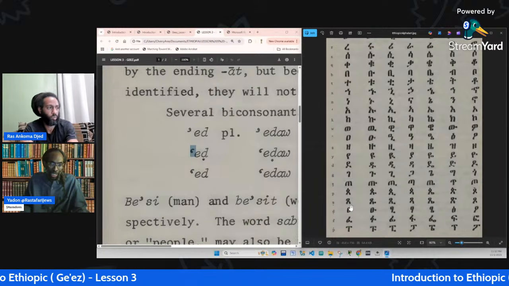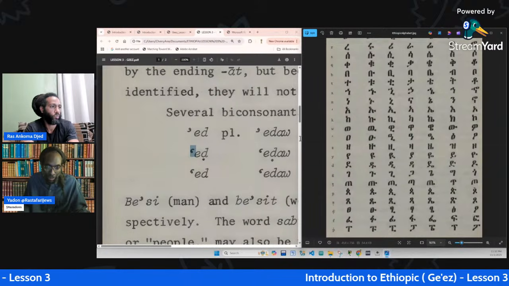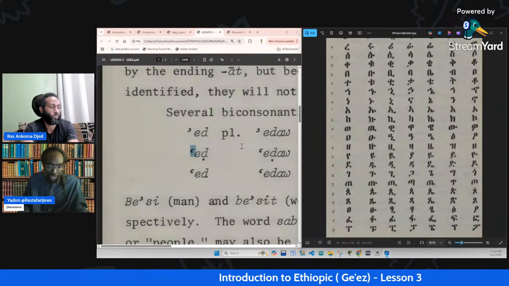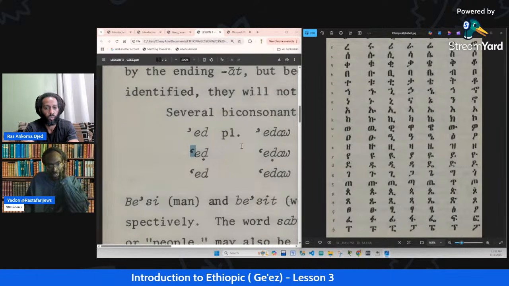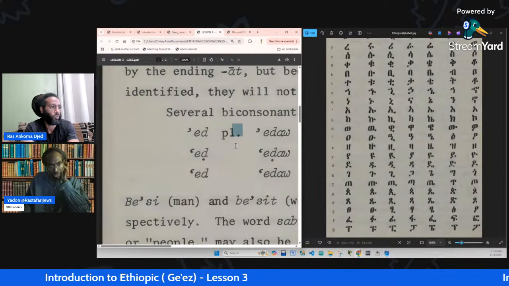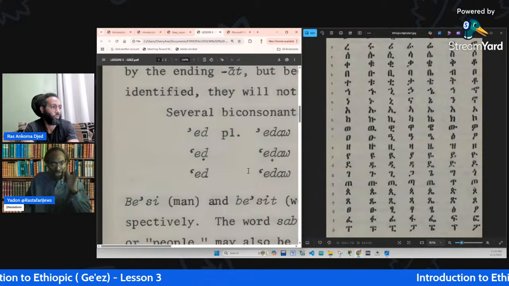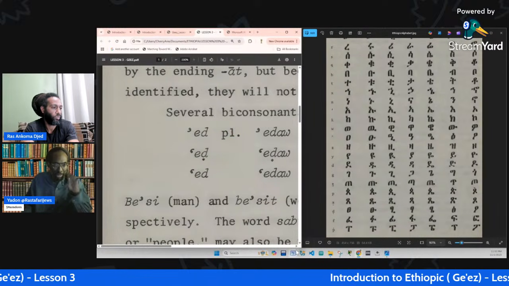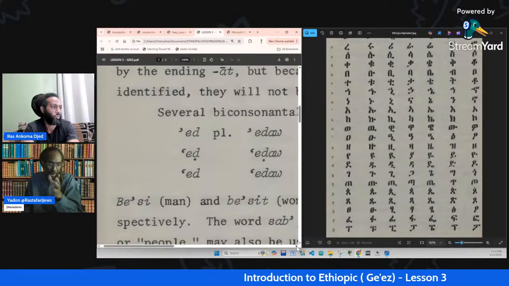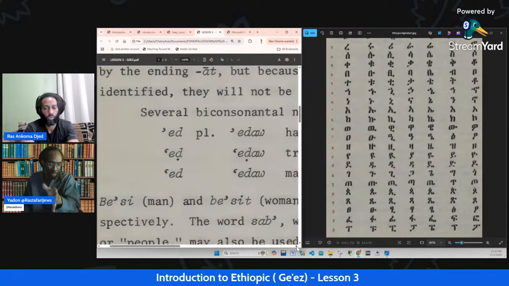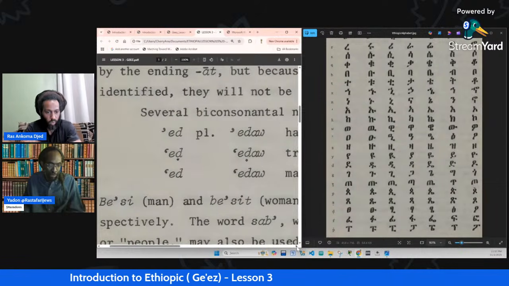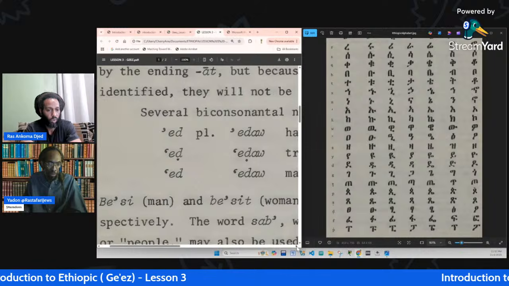It kind of has that balance there. Those are interesting. But like what Ankoma is saying, when you see it in the letters, you can see the distinction. But in transcribing them into sound, they are seemingly close.